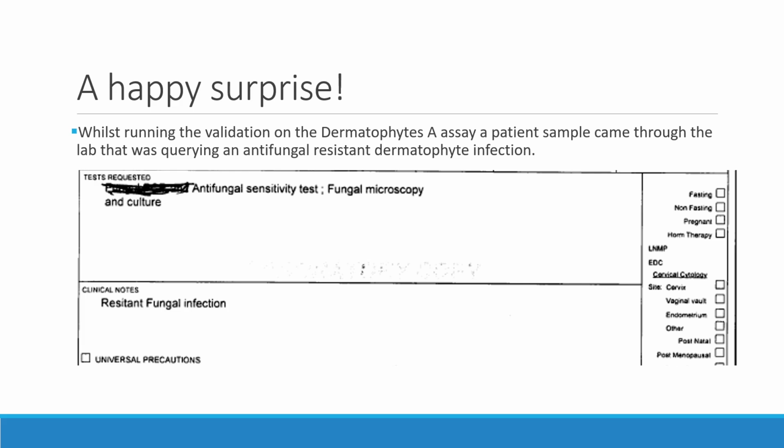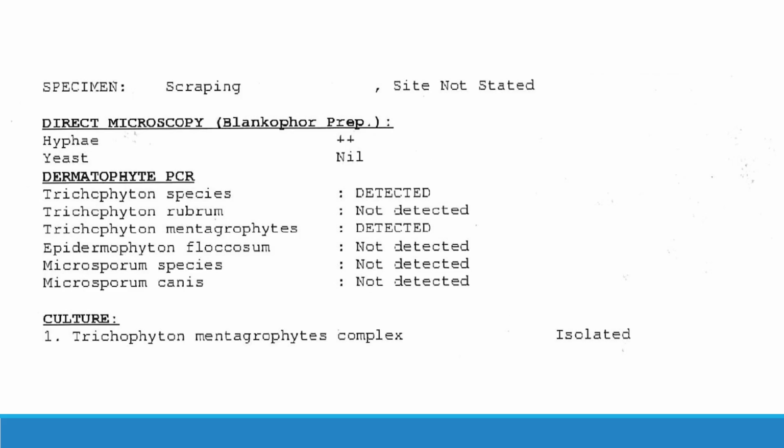When those PCR results come back and they are positive for Trichophyton mentagrophytes, and we grow a sample fungus that resembles Trichophyton mentagrophytes, you'll remember that I said earlier that Trichophyton mentagrophytes and Trichophyton indotineae are indistinguishable from one another in culture. We will then look at the urea sample, and if it is negative after 7 days, we will send that Trichophyton mentagrophytes complex out to South Australia to the reference laboratory for sequencing.